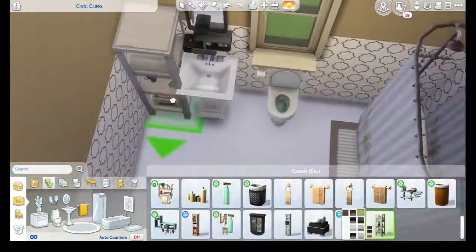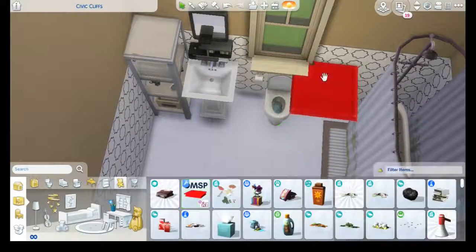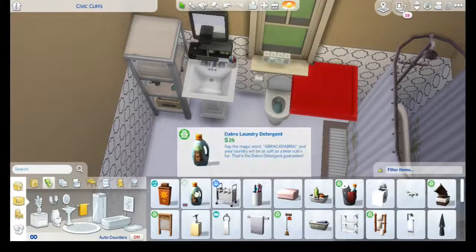But yeah, so this is the bathroom. We have some pictures that I used as reference so that I could be as accurate as possible.